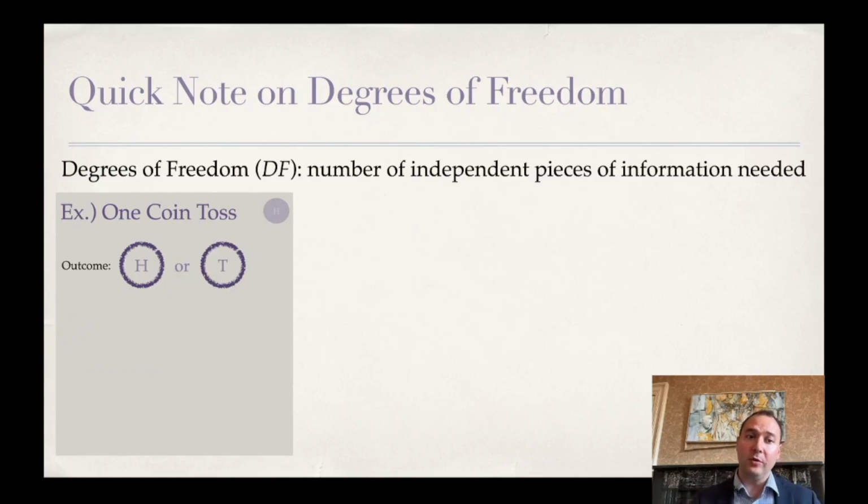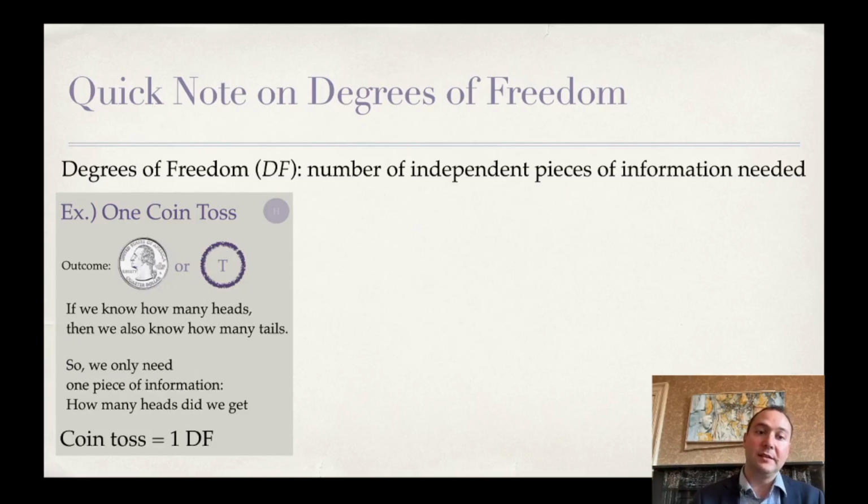In order to know the outcome, how much information do I need? Do I need to know the number of heads and the number of tails? Well, let's say the outcome is heads. In that case, how much information do I need? Do I need to know heads and tails? If I know that the outcome is heads, I already know that it's not tails. So I only need to know one piece of information.